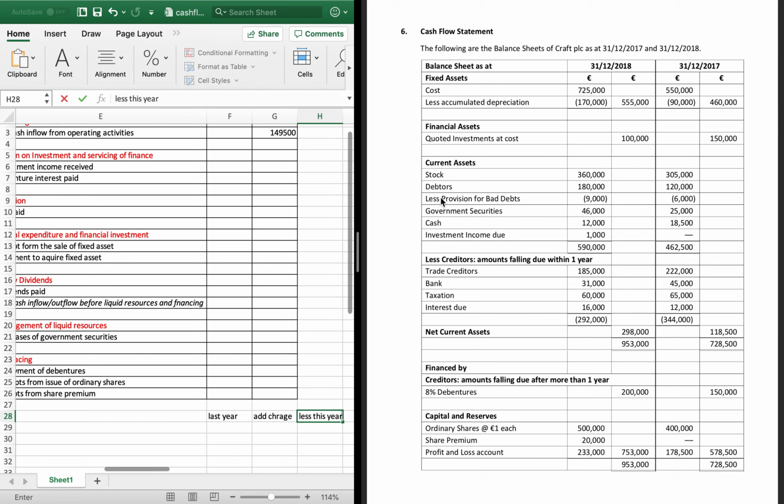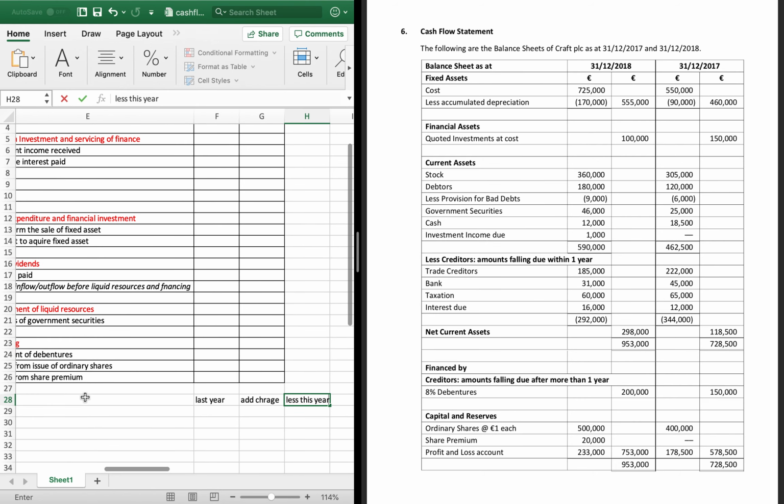And that will be for any of the ones that are mentioned in current assets or current liabilities that we have to put in. We don't do stock, debtors, provision for bad debts, or government securities or cash, but we do investment income, taxation, and interest. They're the ones I'm interested in when it comes to that. So we look at our investment first, because that's the first one we come to.